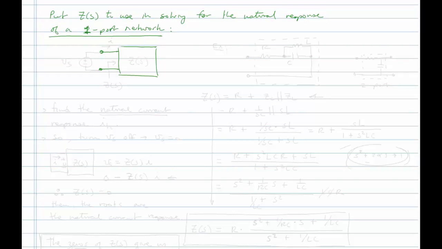So for instance, it could be something like this, as an example. I could have a resistor R, and then a capacitor and an inductor in parallel. And this could be inside this box, and I'll call this a one-port network.